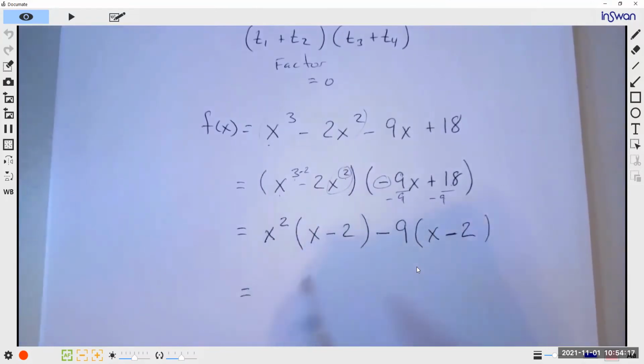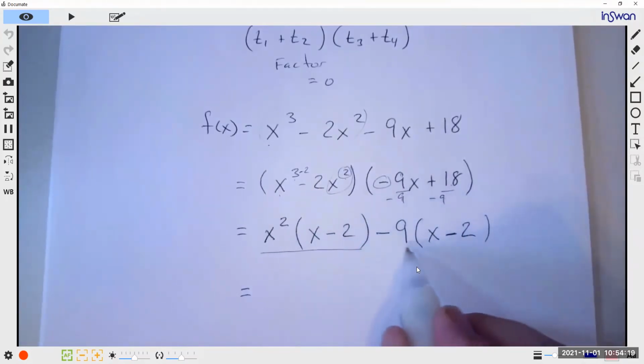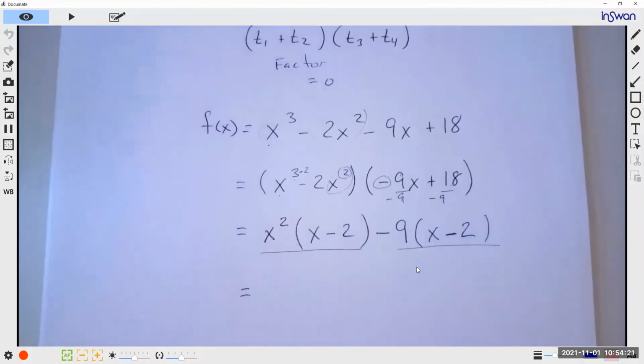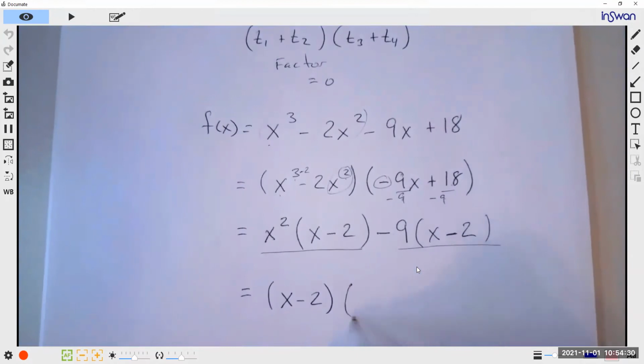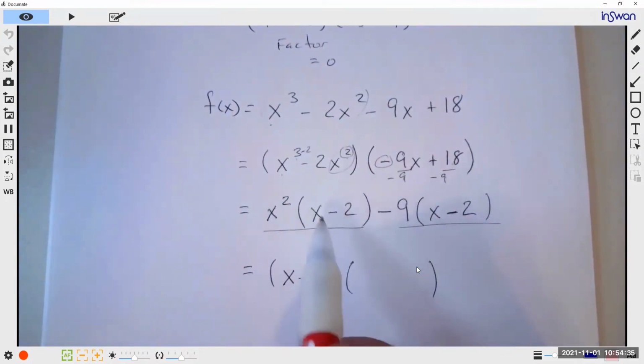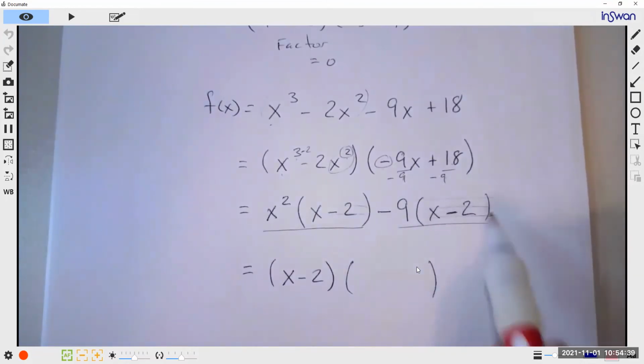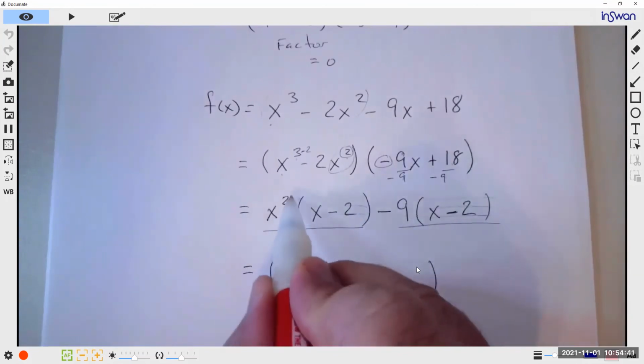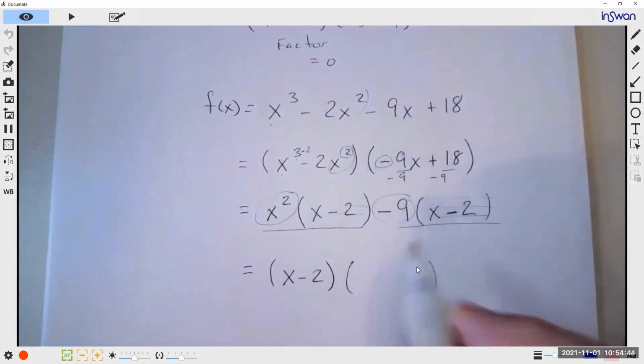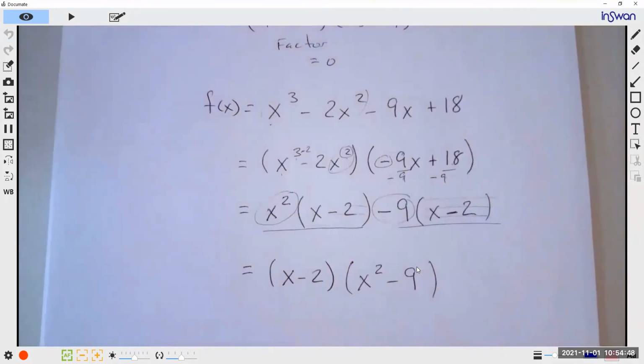Now, we have this term and this term. What do they have in common? They both have an x minus 2. If I remove the x minus 2's, all I have left is x squared minus 9.